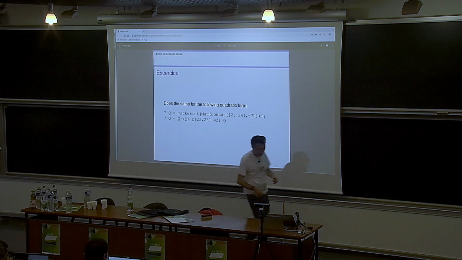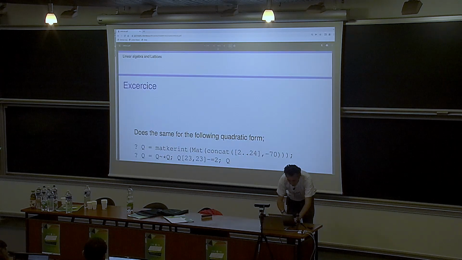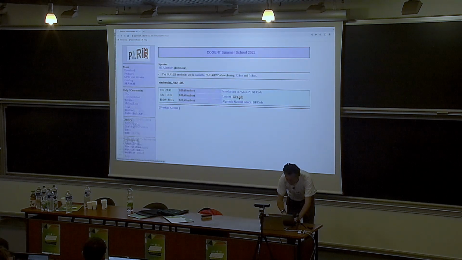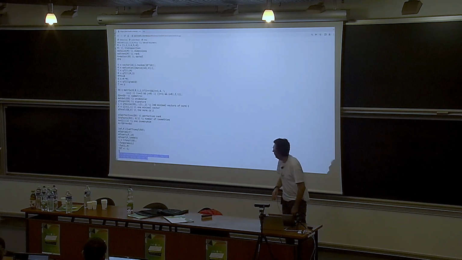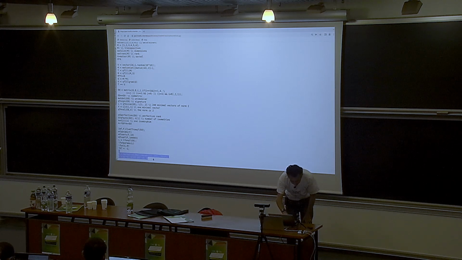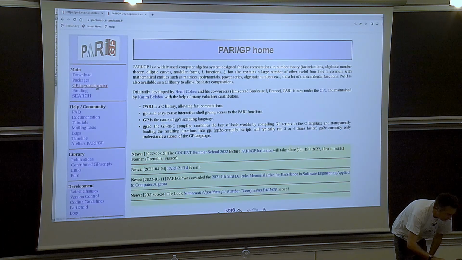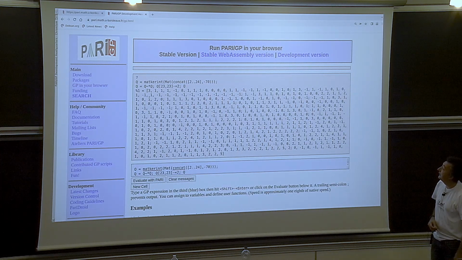So if you don't want to type, you can download this GP code here, and at the end you have this. Okay, so you can just copy paste it. So I copy pasted it here. Okay, so I get this matrix.